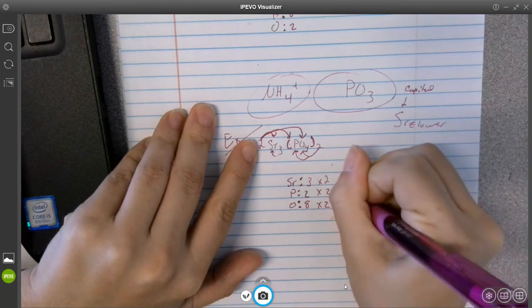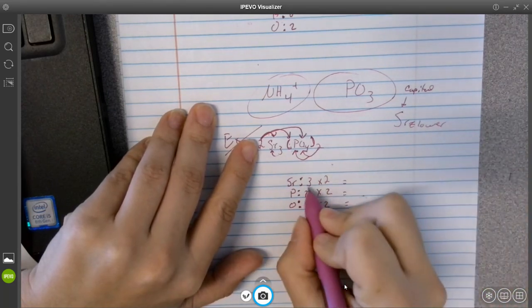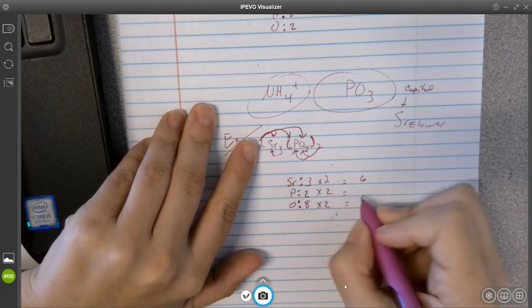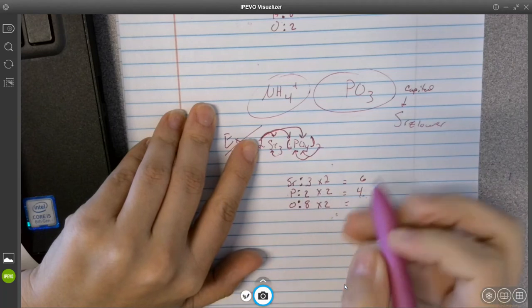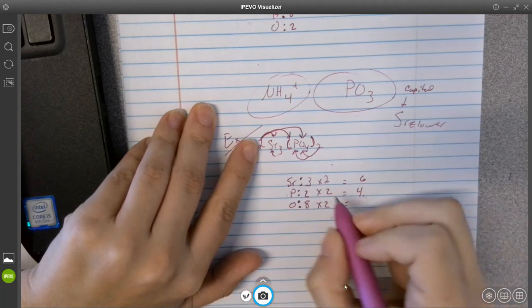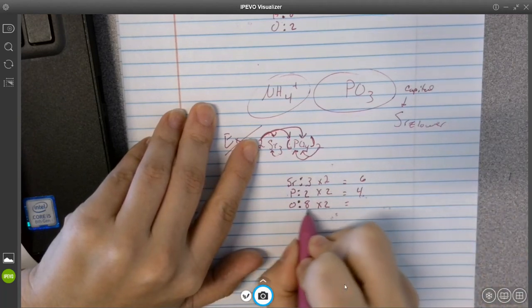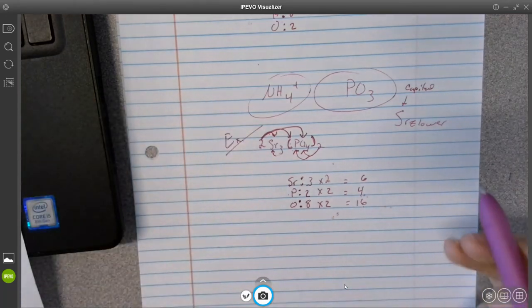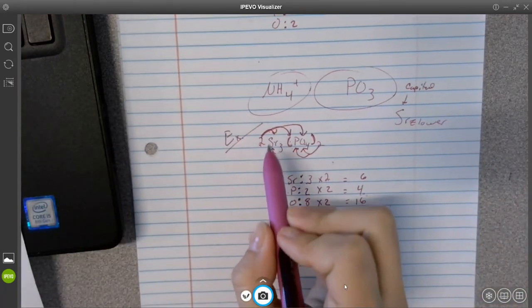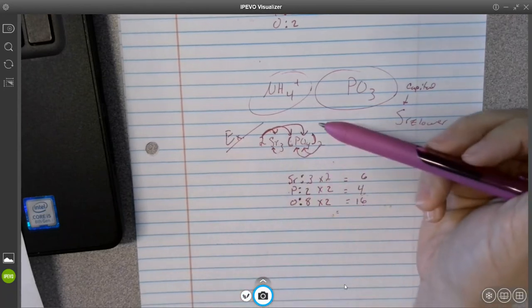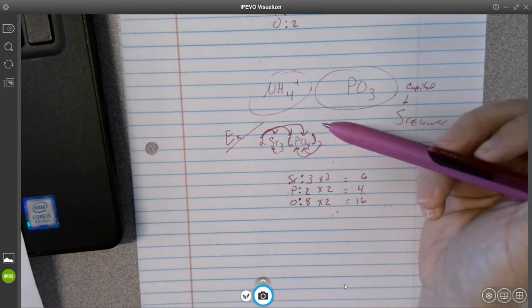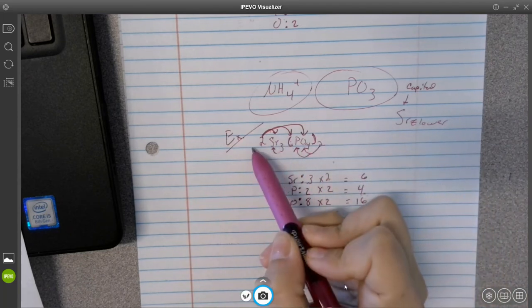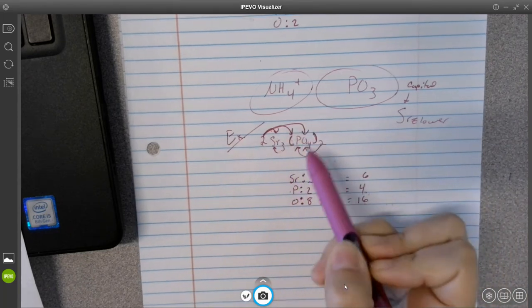So I would see 6 Sr, 4 phosphorus, so 4 Ps, and then 16 oxygens, 16 Os. And so this is probably one of the most difficult examples that you will see, whenever you have to distribute within the parentheses and then distribute your coefficients.